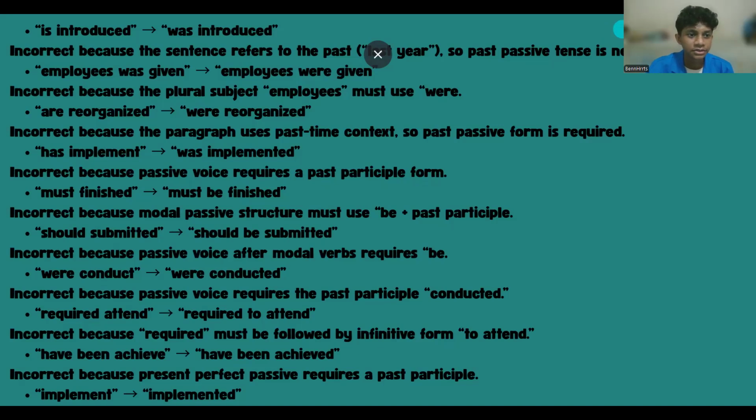"Employees was given" to "employees were given," incorrect because the plural subject employees must use were.